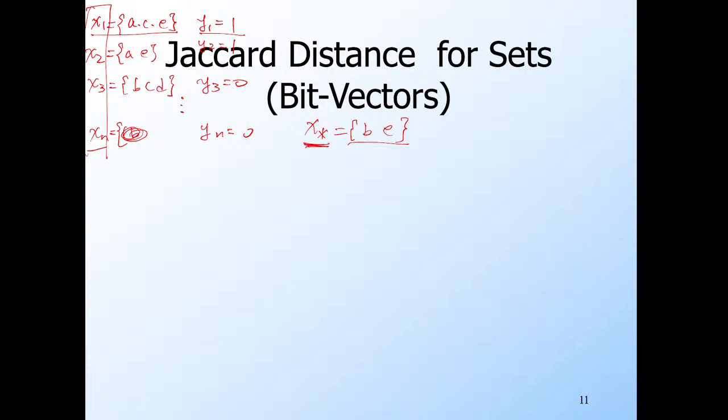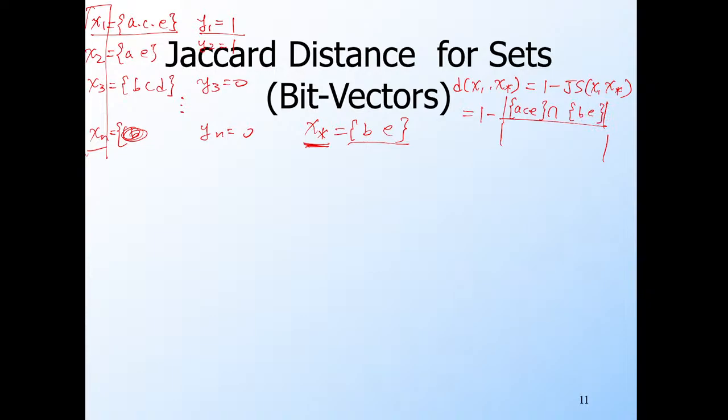For example, the Jaccard distance between x1 and x star would be 1 subtract the Jaccard similarity between x1 and x star, which would be 1 subtract, in the numerator, the intersection of x1 and x star, so that should be ACE intersect B and E, right?